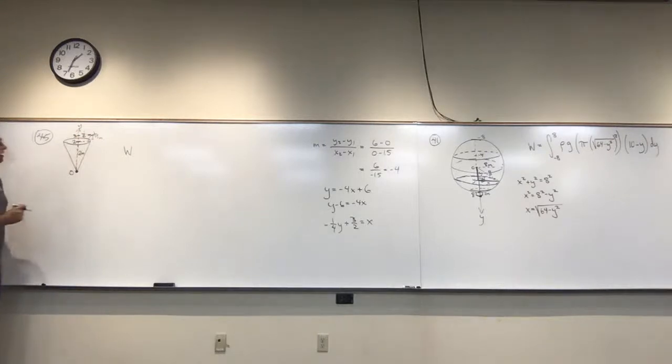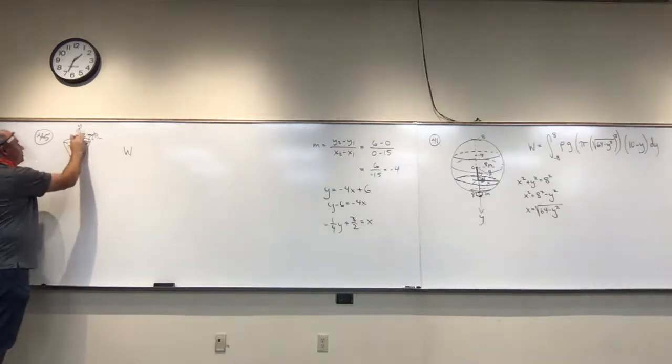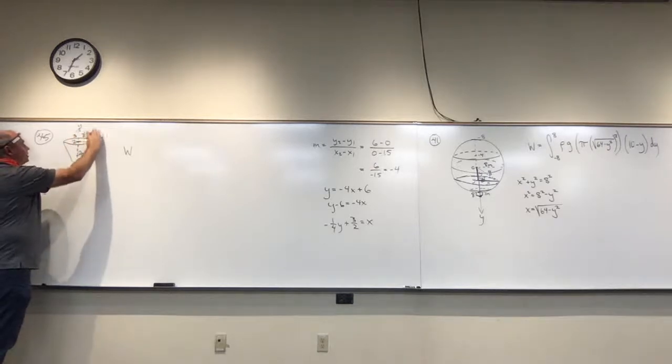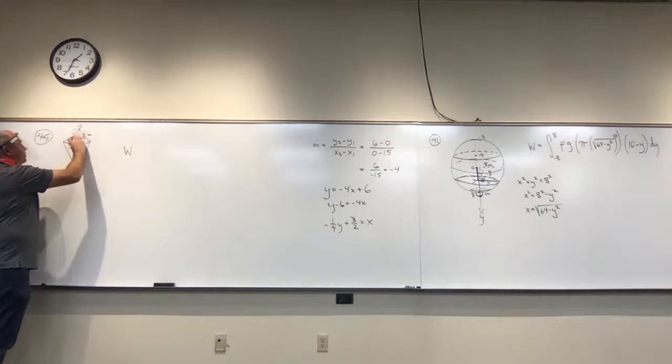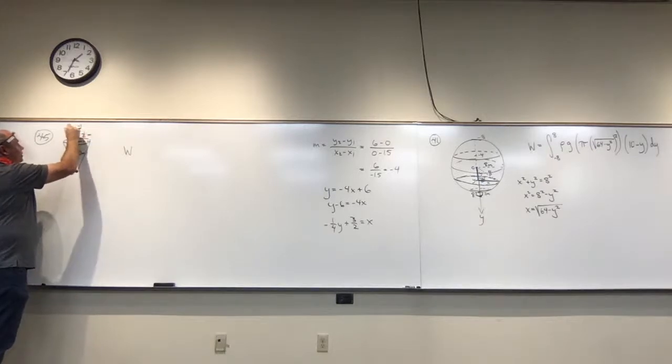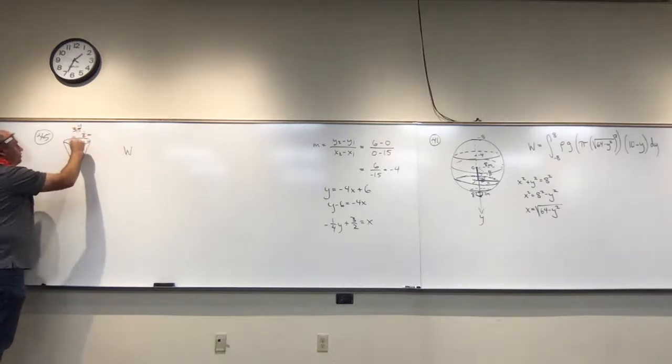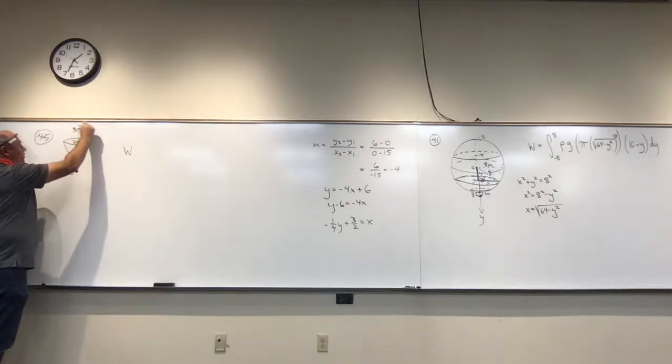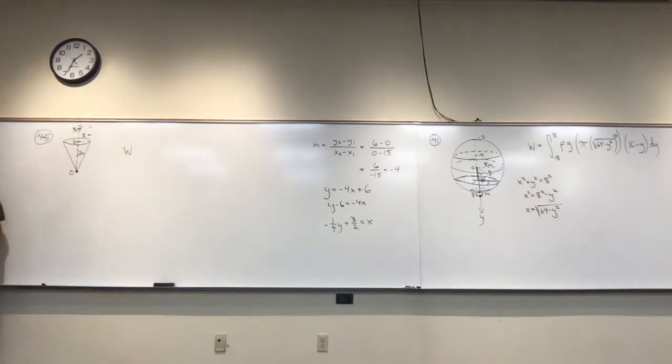This isn't very in scale, is it? If that's 2, 3 would be way up there, sorry. So 3 is more like up here. So we need to pump the water up over 3.